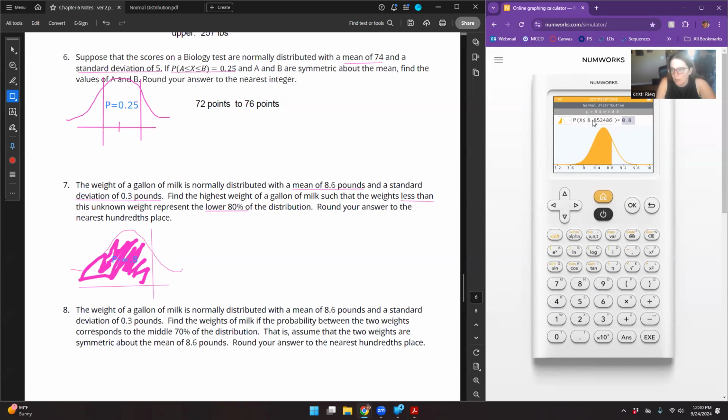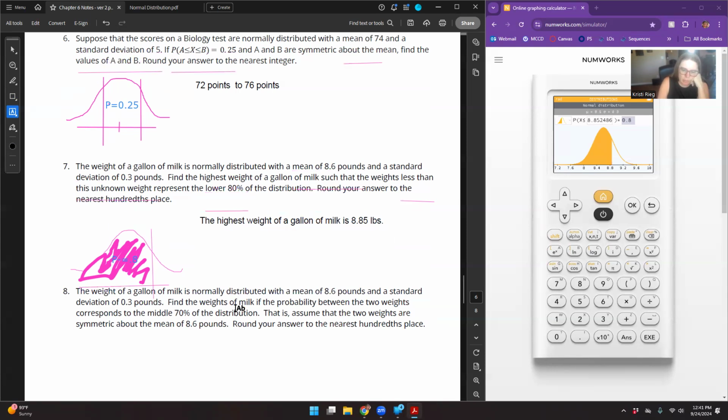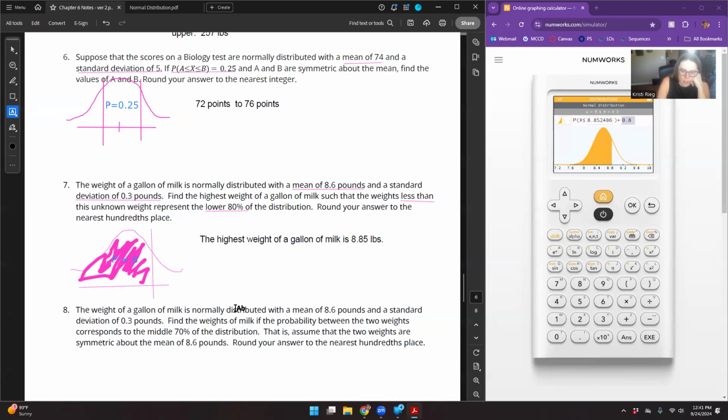The highest weight the milk can weigh is 8.85 pounds, because it says round to the hundredth. So the highest weight of a gallon of milk is 8.85, in order to be in the lowest 80% of the distribution.